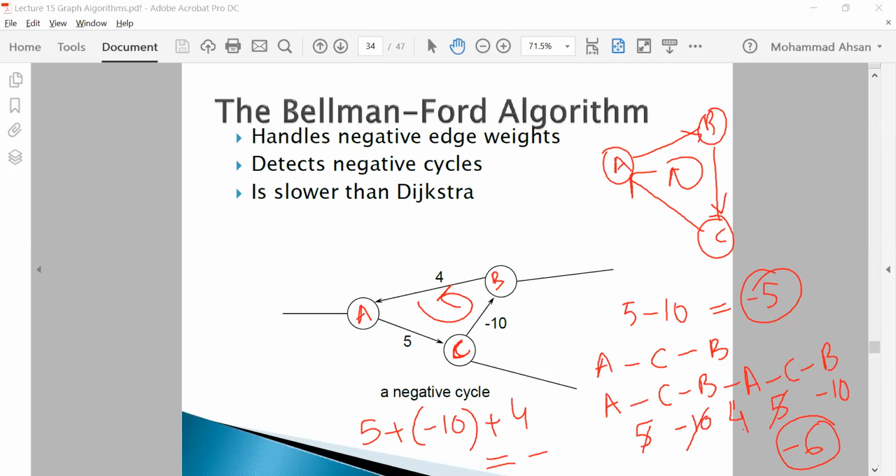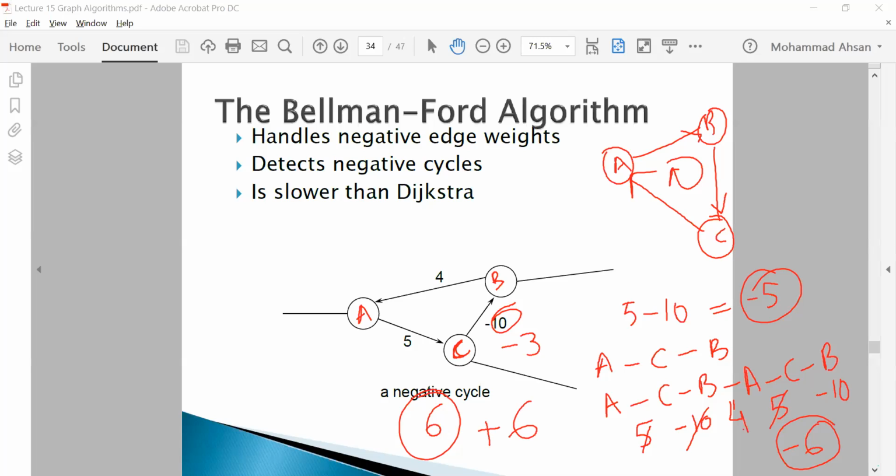That's why we call it a negative weight cycle. If, for example, this was not minus 10 but minus 3, then going from A to C to B to A, the cycle cost is 6. It's a positive cycle, not a negative cycle. If you take another loop, there will be some positive addition to your distance.